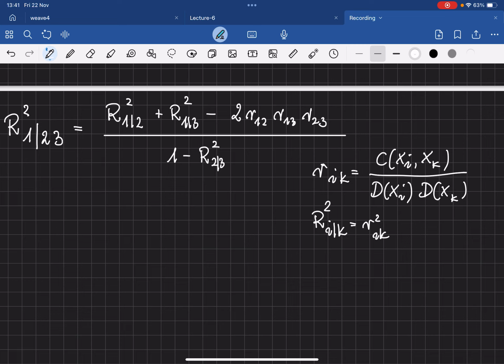What we can see, for example, is that if our two independent variables are completely independent from each other, so if this is 0 and this is 0, then this cancels and this cancels, and our coefficient is composed of two parts.